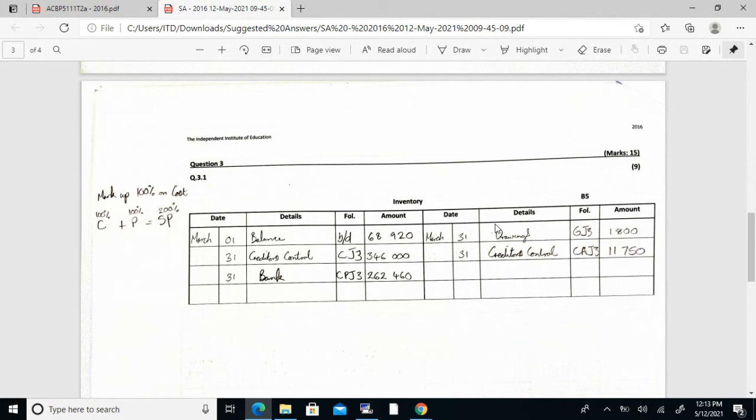So your profit is obviously 100, but that's your markup. Your cost is obviously 100 because they said on cost. And if they just tell you markup is 100%, but they don't tell you on cost or on selling price, we then need to go to the formula. Then for selling price, look at it, it's 200%.